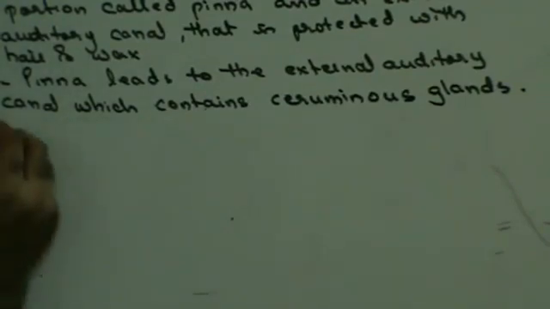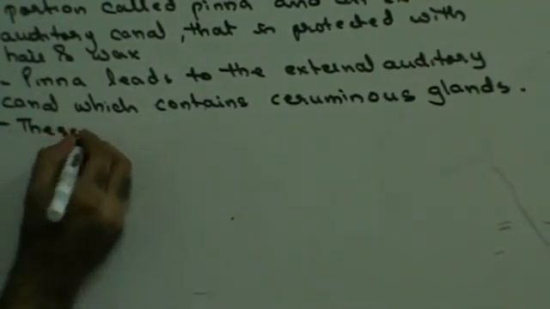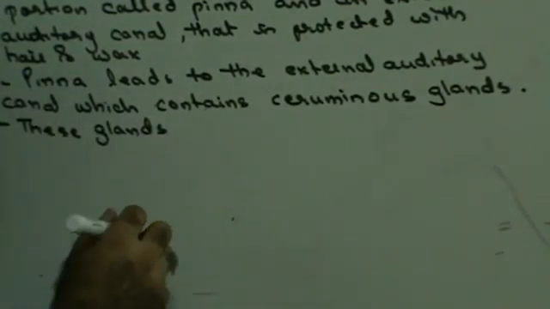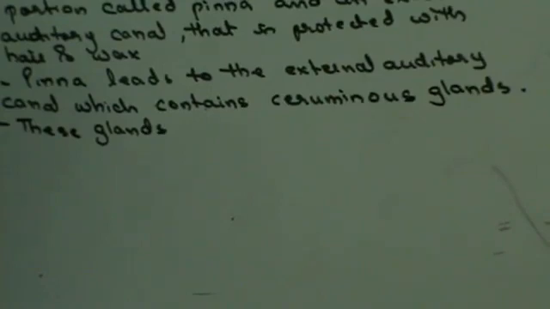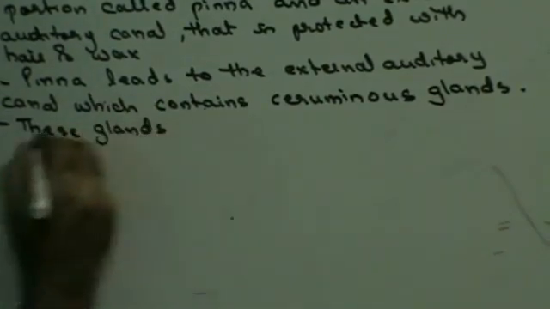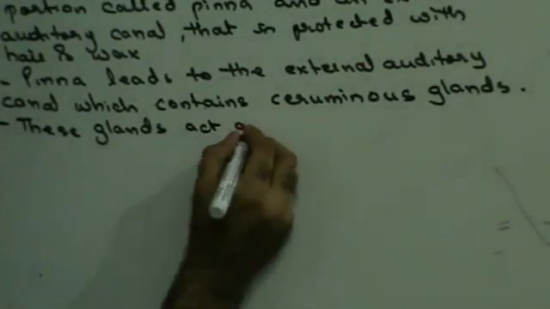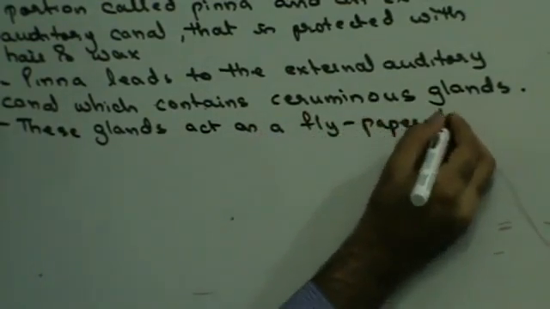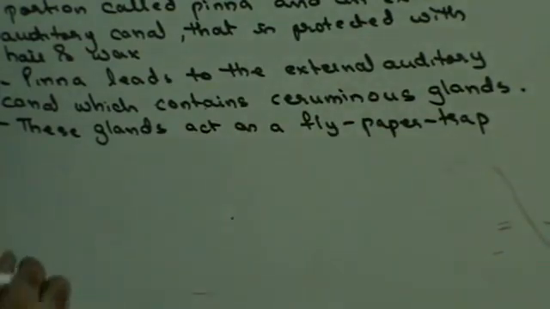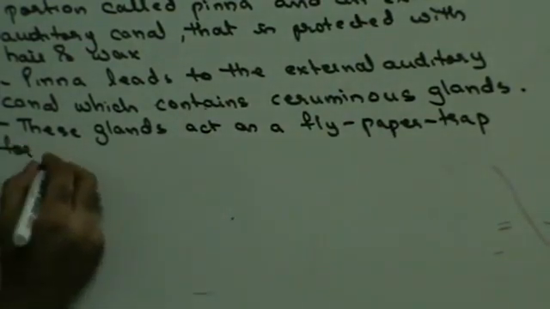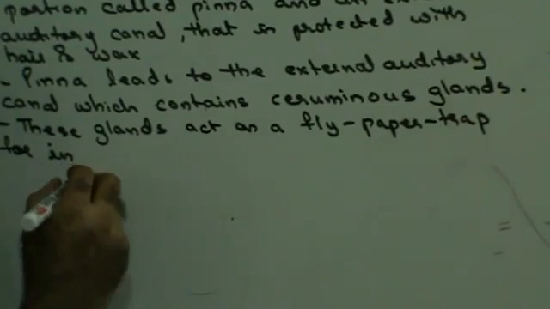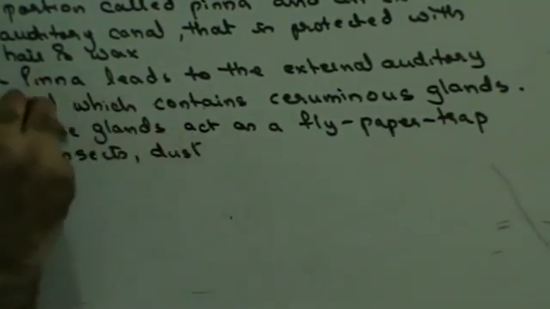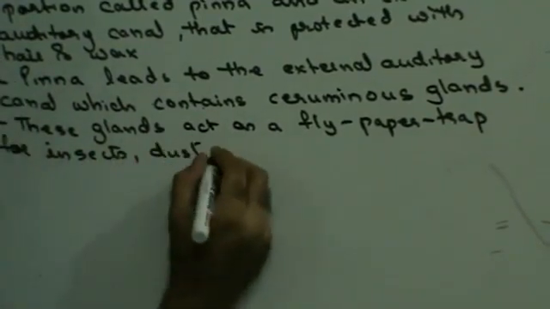These glands act as a fly paper trap for insects, dust and other potential irritants.